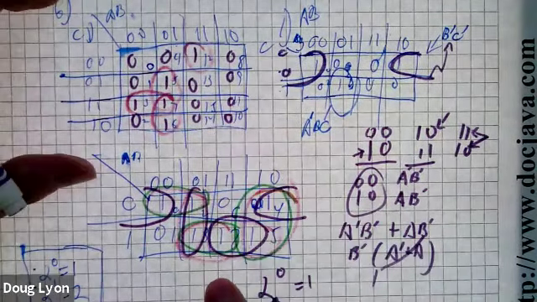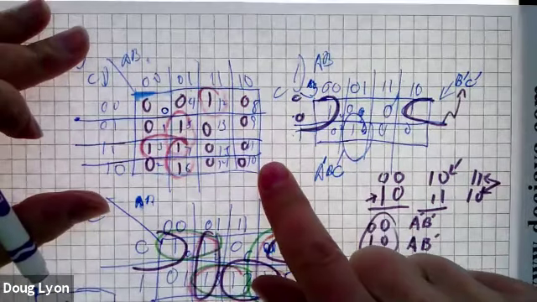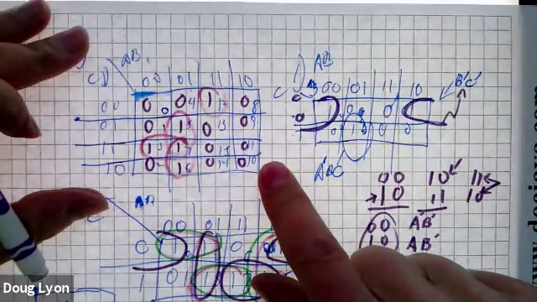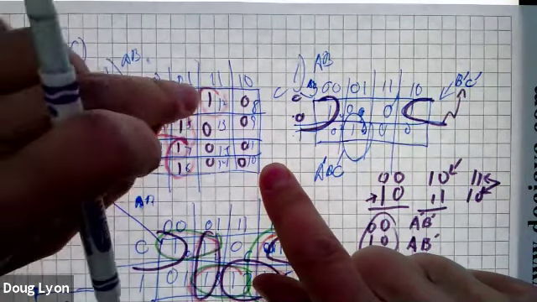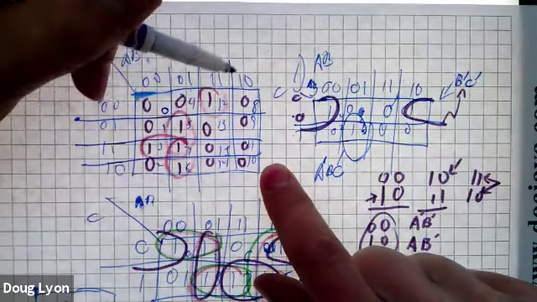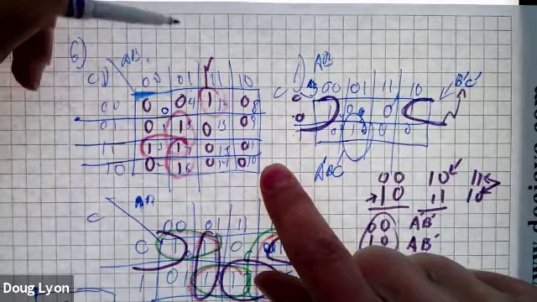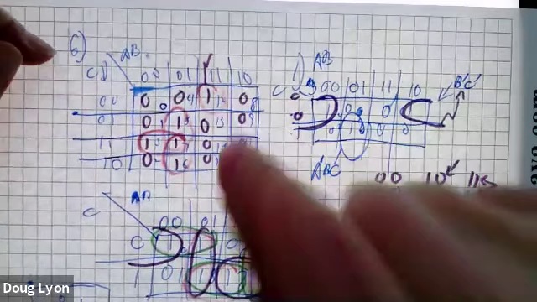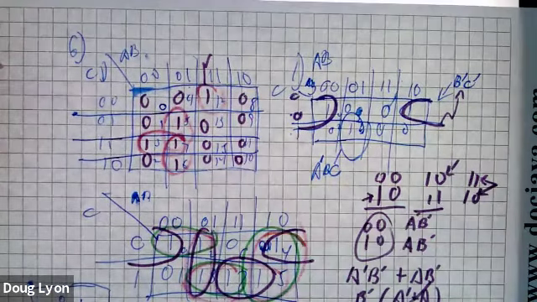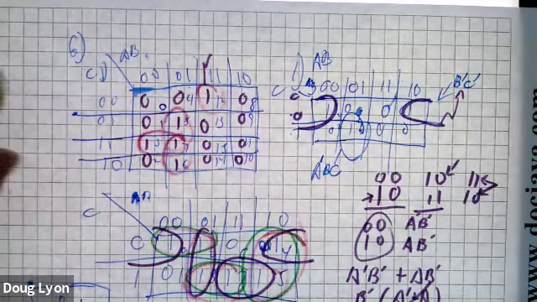And if you look at it, you see what you've got is a 4-variable kmap. I'm looping this guy all by itself. Looping 12. What's the product term going to correspond to? That's the product term for 12.